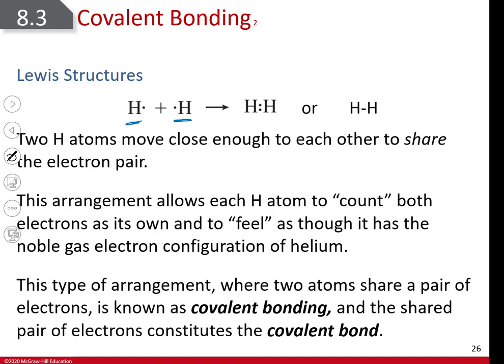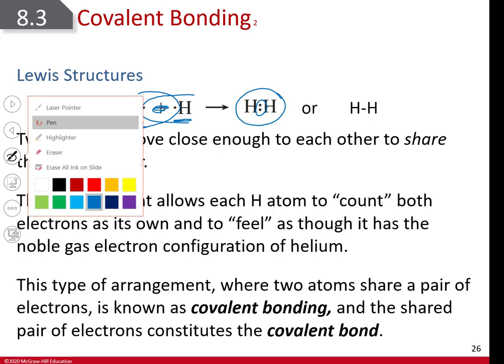So this hydrogen isn't very happy with 1 electron. He wants another electron. So he sees this other electron over here, and he's going to reach out and grab it. But meanwhile, what's that other hydrogen doing? Is he just going to give up his hydrogen? No. Yeah, he's going to look over here and go, hey, you got an electron. I want that. So he's going to reach over and grab that. And both of them are going to pull and pull and pull until the distance between them decreases, and you end up with this, where the pair of electrons are being shared between the 2 of them.